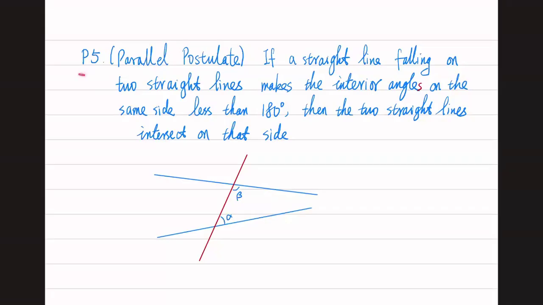This postulate states that if the summation of these two interior angles on the same side is less than a flat angle, then these two lines will intersect on the same side.